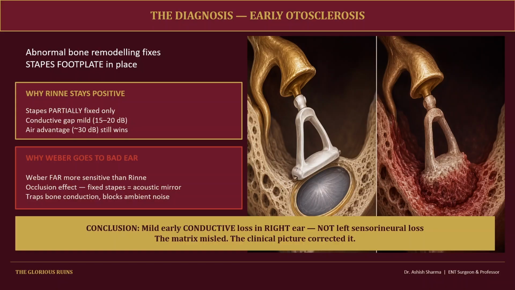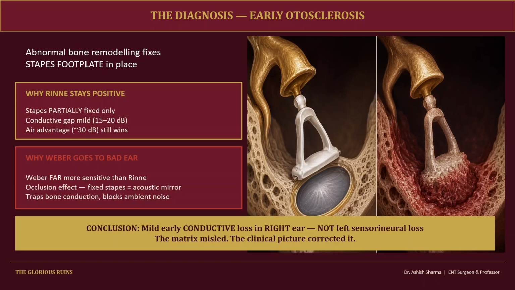The diagnostic conclusion: mild early conductive hearing loss in the right side, not left sensorineural hearing loss. The matrix misled you. Yes, it misled you. The clinical picture corrected it.